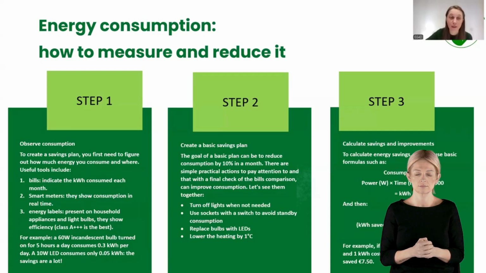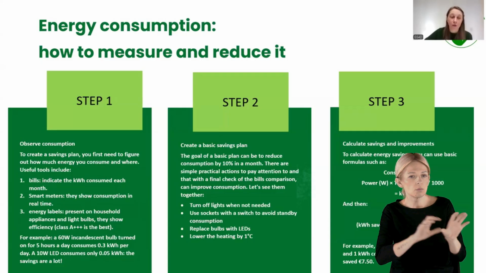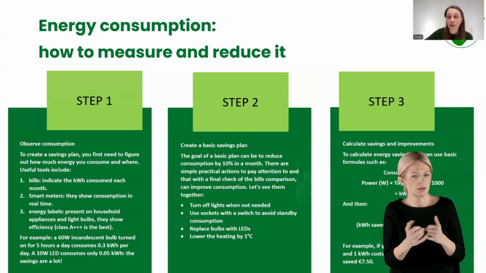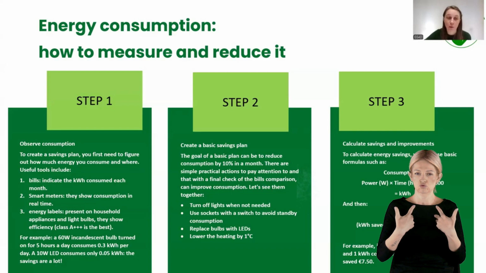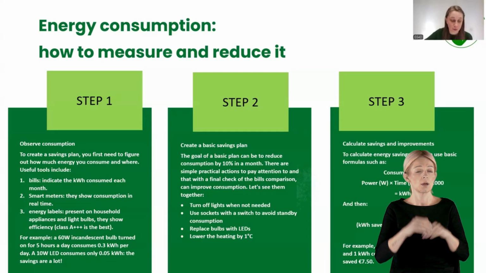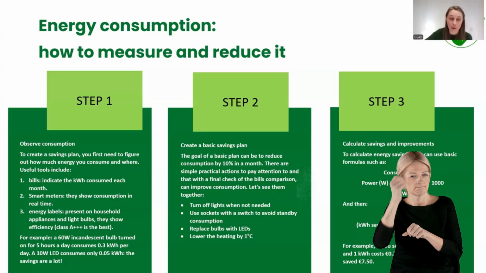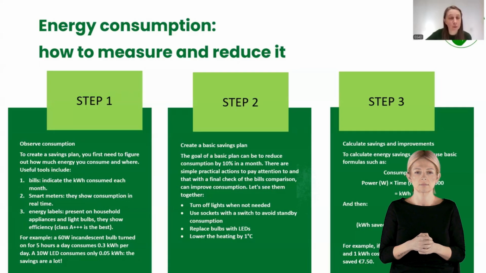So step number 1 is mainly observation. Observe the use that we do of the energy in the environments in which we live and in which we work or that we attend. In order to observe it, we can check energy bills, but we can also have smart meters that show real-time consumption.